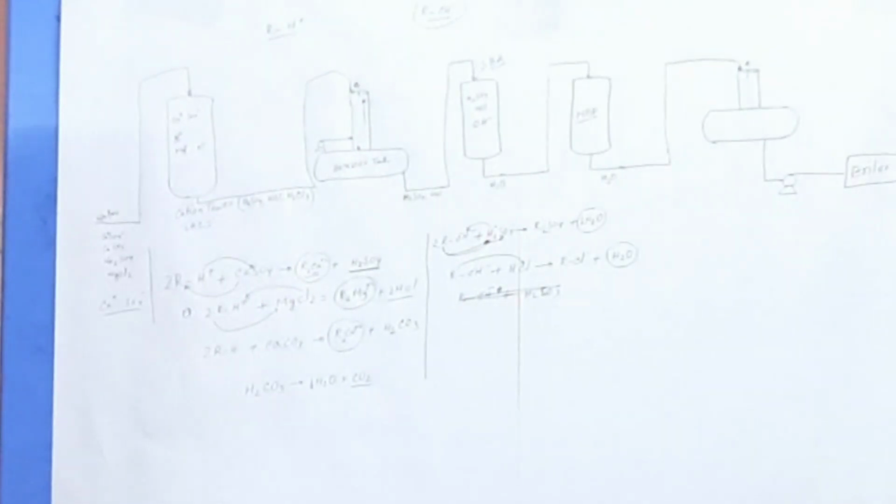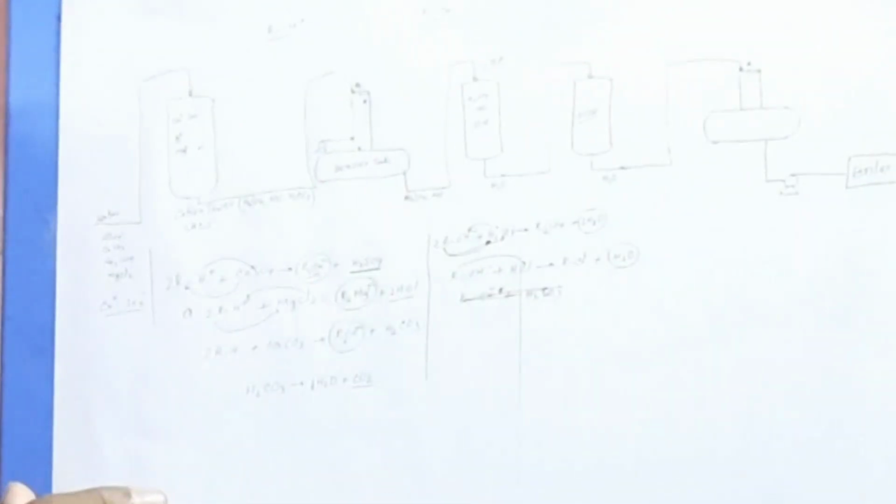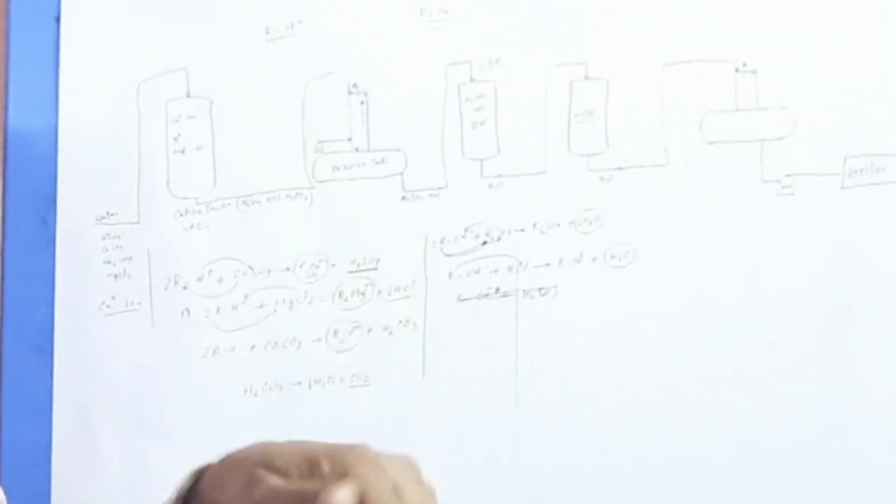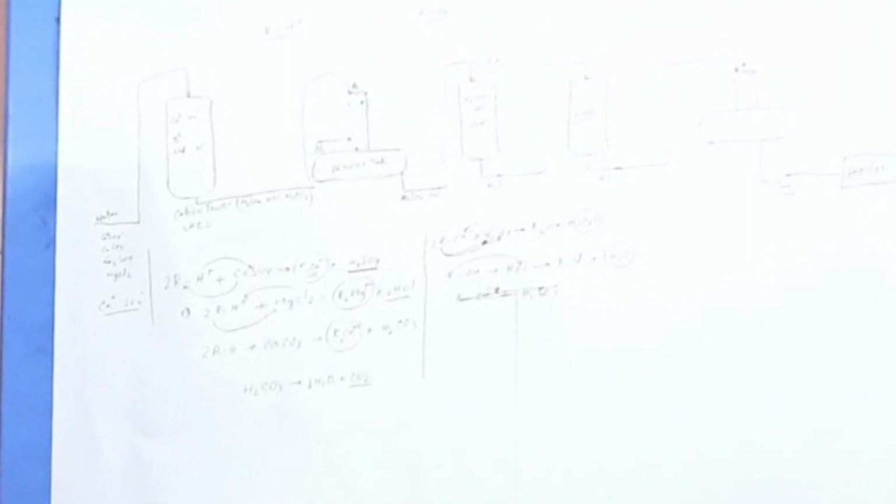When the resin is exhausted, it will not work. If any water comes with hardness, all the hardness will pass through this tower, because the resin is deactivated. It is not working. So that's why we have to do this regeneration.